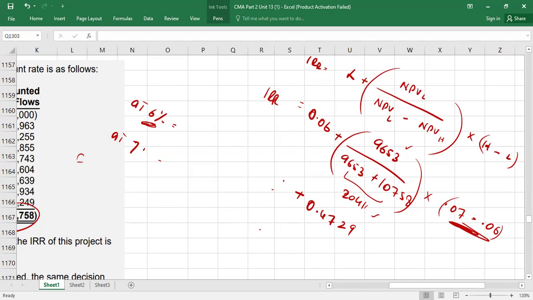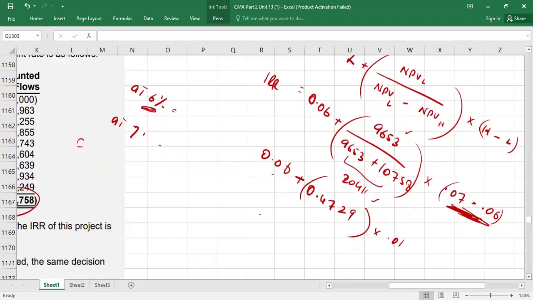I'm just writing it, plus 0.06. Now solve this: 0.07 minus 0.06 is 0.01.